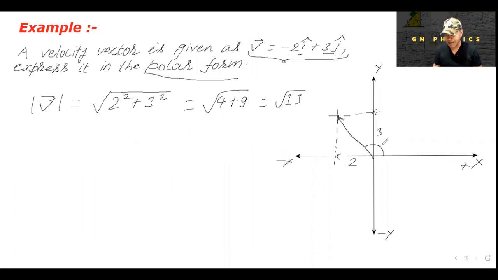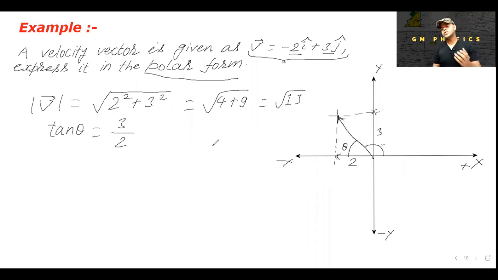Now we have to find the direction. So this angle we have to find. Let's proceed with finding this angle first, and let's call this theta. This angle can be calculated using trigonometric ratios. In this right angle triangle, tan theta is equal to perpendicular, which is 3, upon base, which is 2.